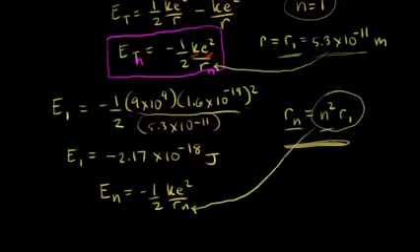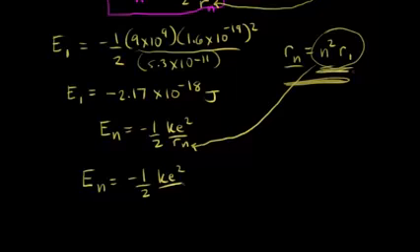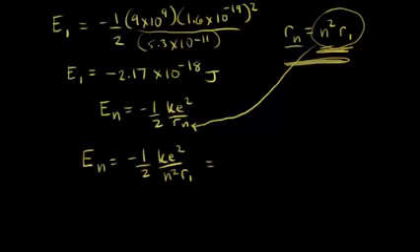Let's get some more room and continue. The energy at an energy level n is equal to negative 1/2 Ke squared over, and we're going to plug in n squared R1 here. We can rewrite that as negative 1/2 Ke squared over R1 times 1 over n squared.